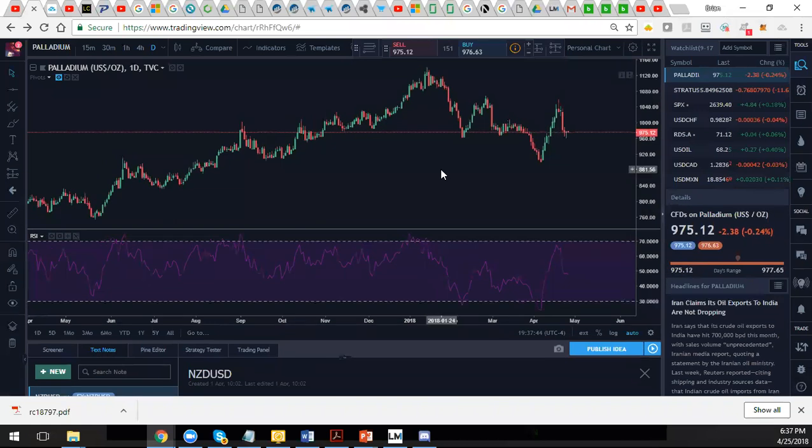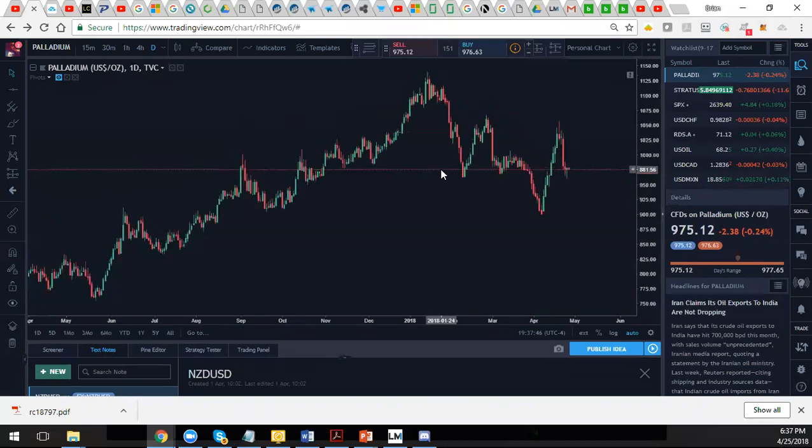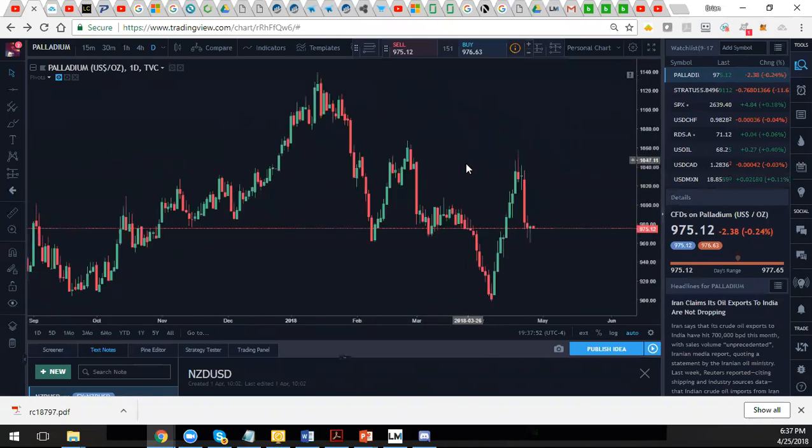All right, guys, pay close attention because this is step-by-step on how to do the Fib retracement. Pretty good stuff here. Let's zoom in a little bit.